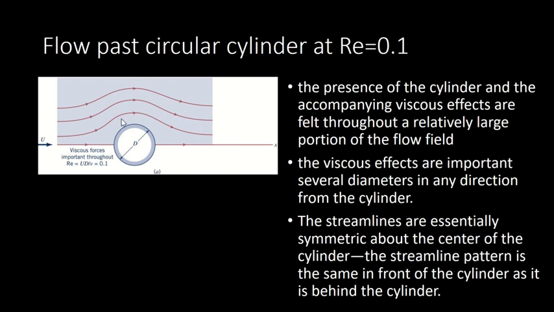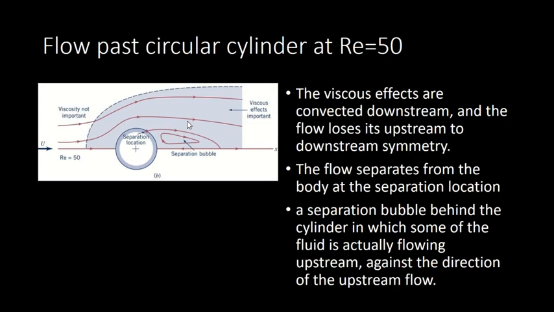As I mentioned, the streamlines are essentially symmetric about the center of the cylinder, and the streamline pattern is the same in front of the cylinder as it is behind the cylinder. So even though we use a bluff body, when the Reynolds number is still very small, we can still obtain this symmetrical streamline. Okay, and now we increase the Reynolds number to 50.